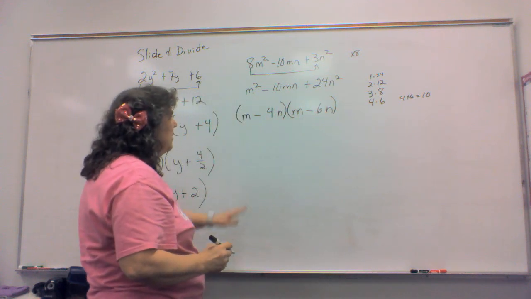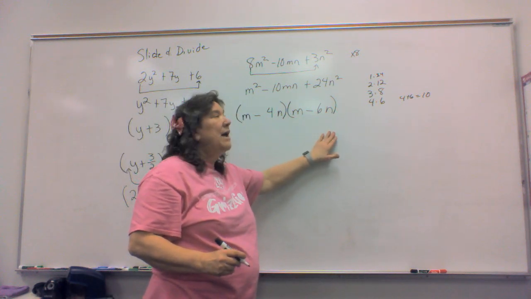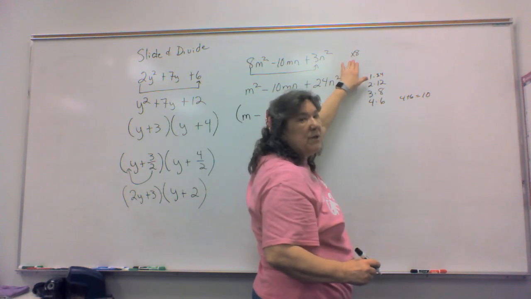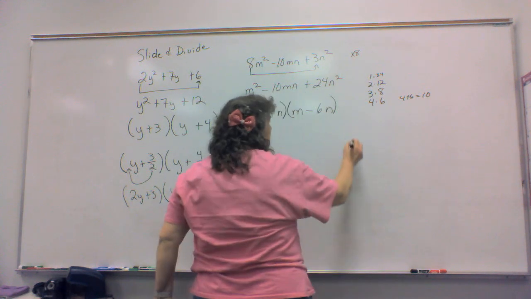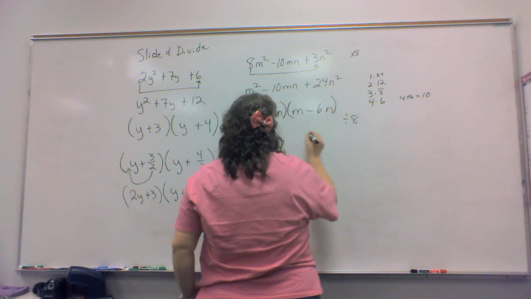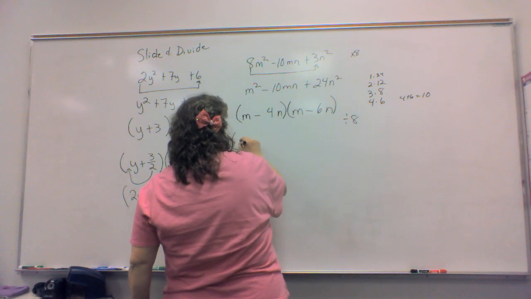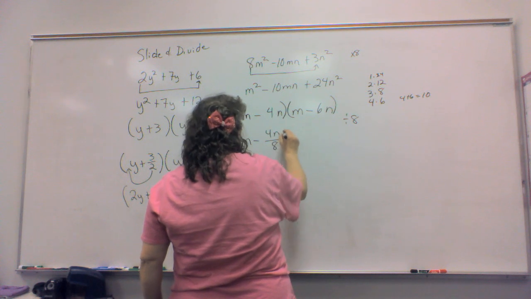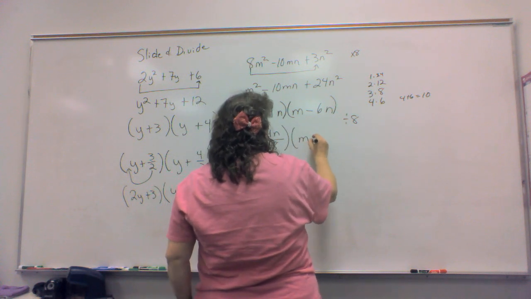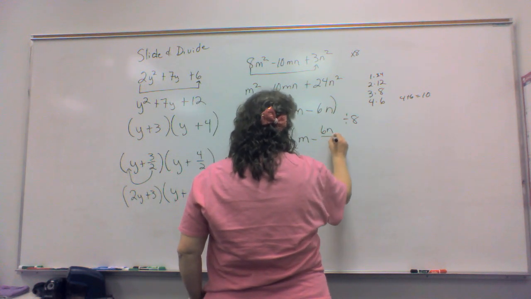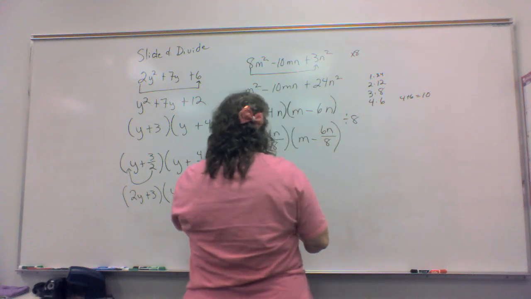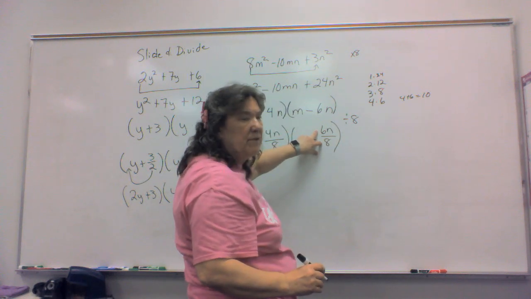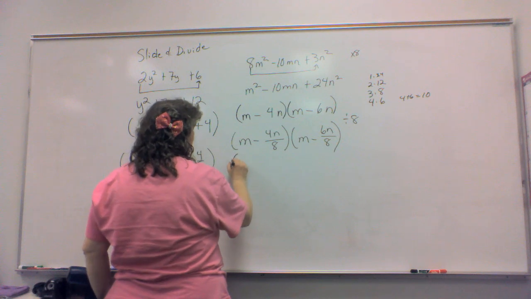Now remember, now that it's factored, I have to undo that multiplication by 8 by dividing by that same number. So we're going to have m minus 4n over 8 and m minus 6n over 8. Now both of these are going to be able to simplify, so we're going to simplify them.